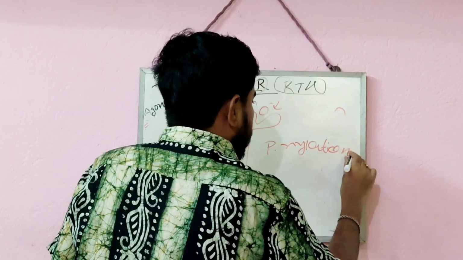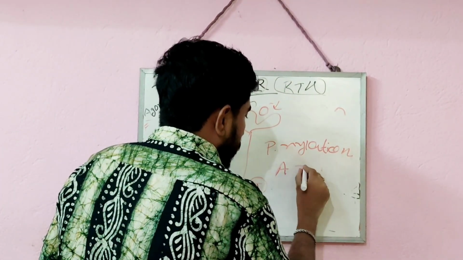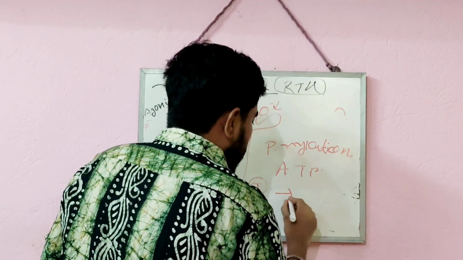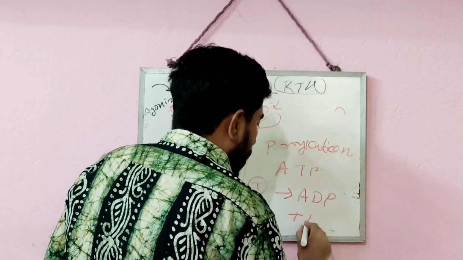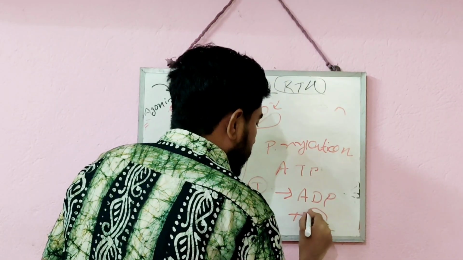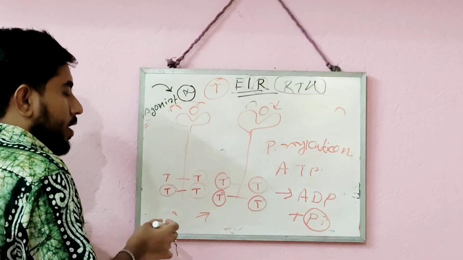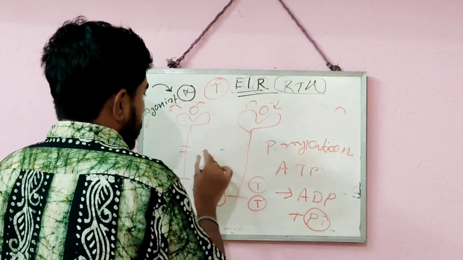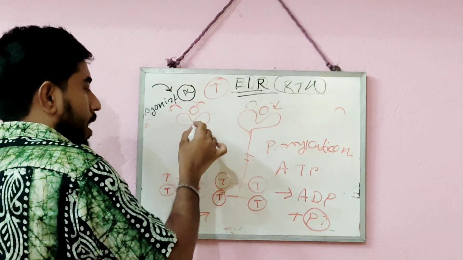Whenever it helps in phosphorylation, what will happen? ATP will convert into ADP, called adenosine diphosphate. How will it come? By releasing a phosphate.